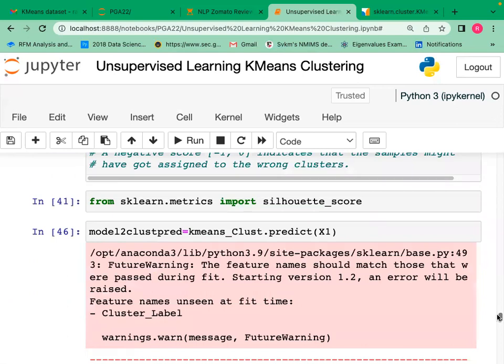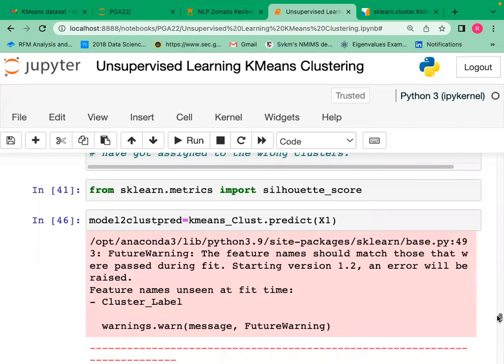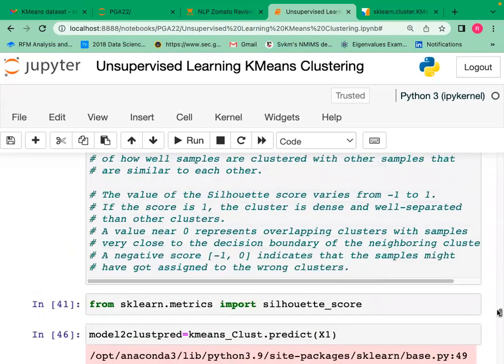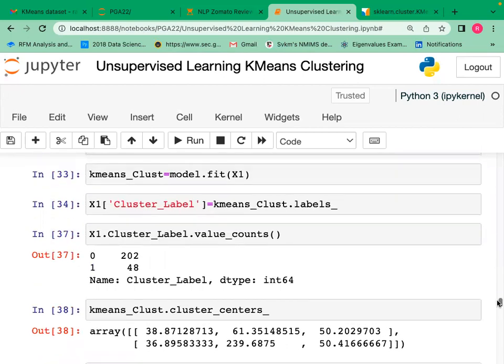It has 4 features, sir. Okay, we have added cluster labels here.